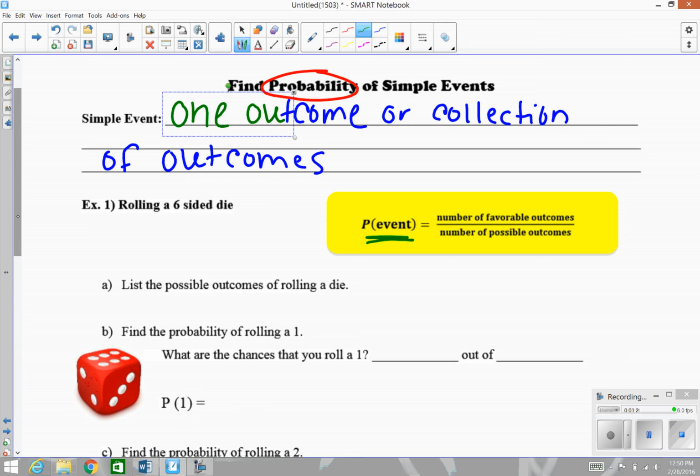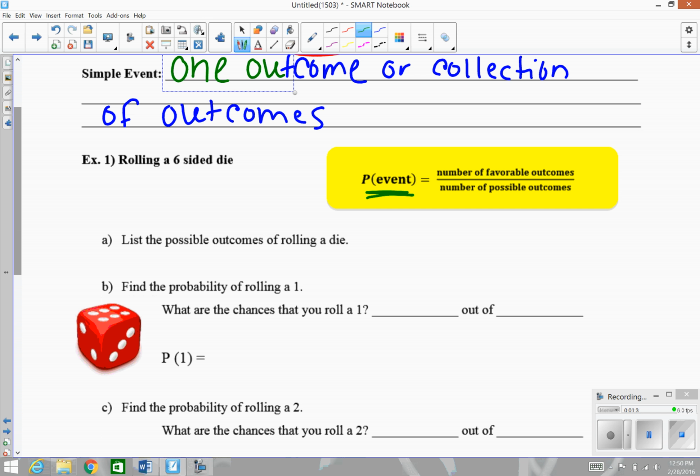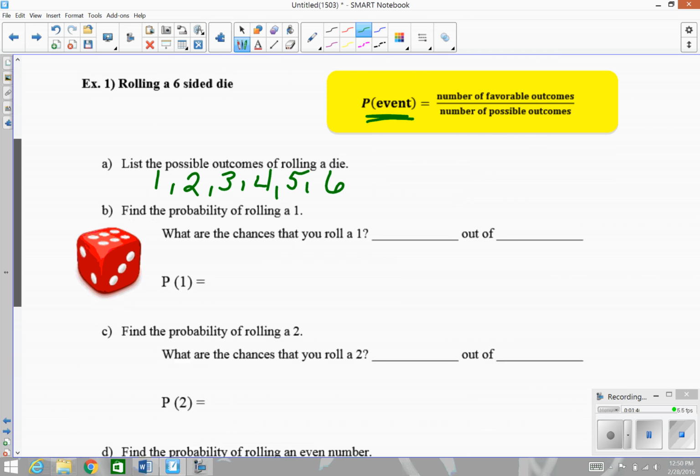So if we think about this example, what are the possible outcomes when you roll a die? What are your possibilities? You could roll a 1, a 2, a 3, 4, 5, or a 6, assuming we're talking about a standard die. From there, we can identify different probabilities.